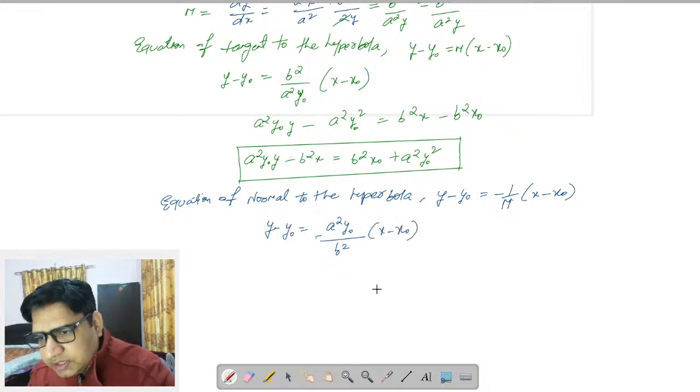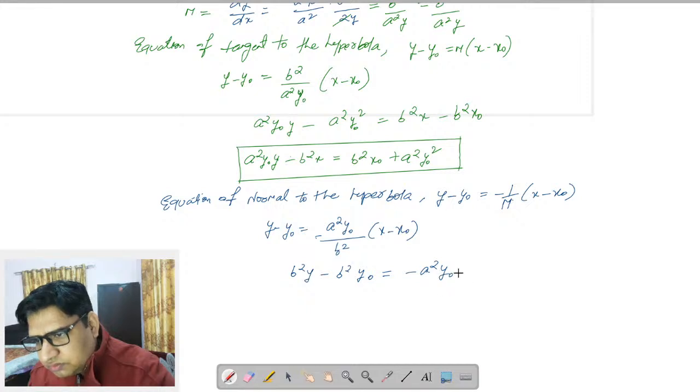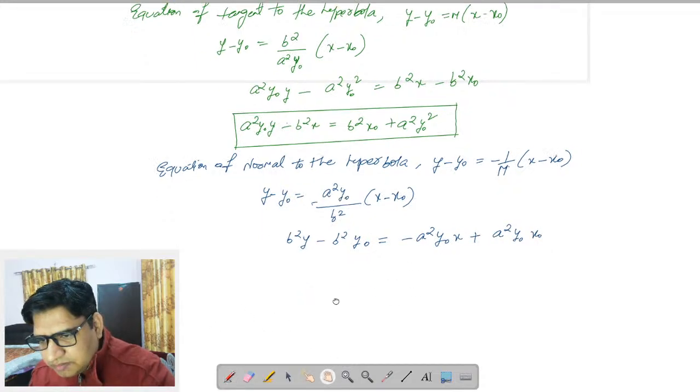Okay, and if you solve it further, that will be b square y minus b square y naught is equal to minus a square y naught x plus a square y naught x naught. Let's simplify it further.